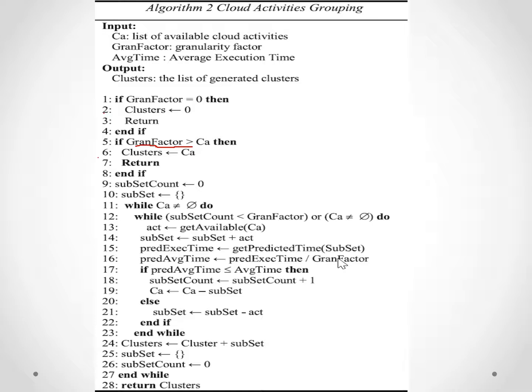And then from line 11 to 27, if the number of cloud activities is greater than the granularity factor, the algorithm generates many groups with approximate average execution time.